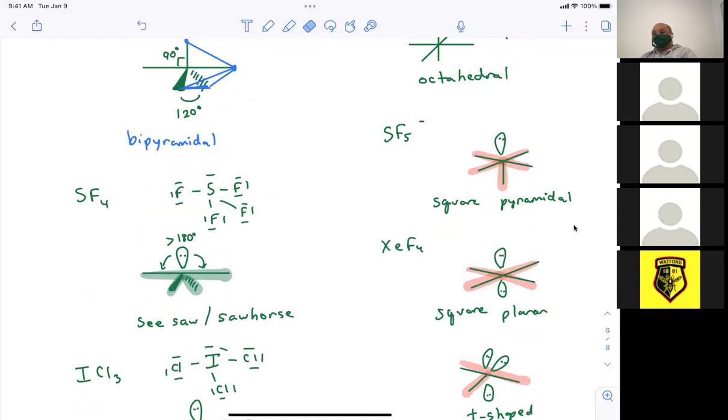But now it's SF5 minus 2, because S is 6, F is 7 each. So that's 35 plus 6 is 41, plus the 1 electron is 42. And when you draw SF5, you end up with 40 electrons. So that extra pair goes on S. So in comparison to SF6, yes.